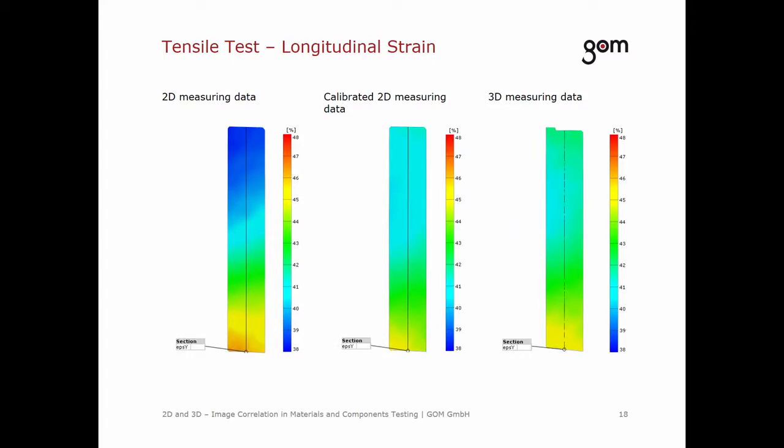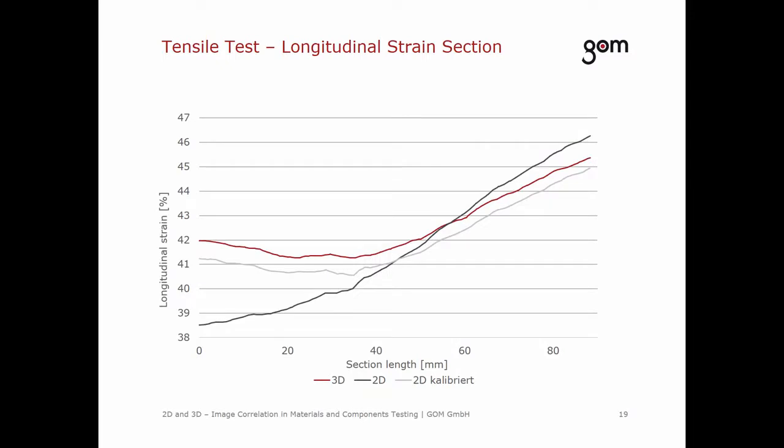To show the effects in a loaded state in detail, I have constructed and analyzed a section in the middle of the specimen using GOM Correlate. The diagram shows the strain values relating to the section length. On the left, you see the upper part of the specimen.